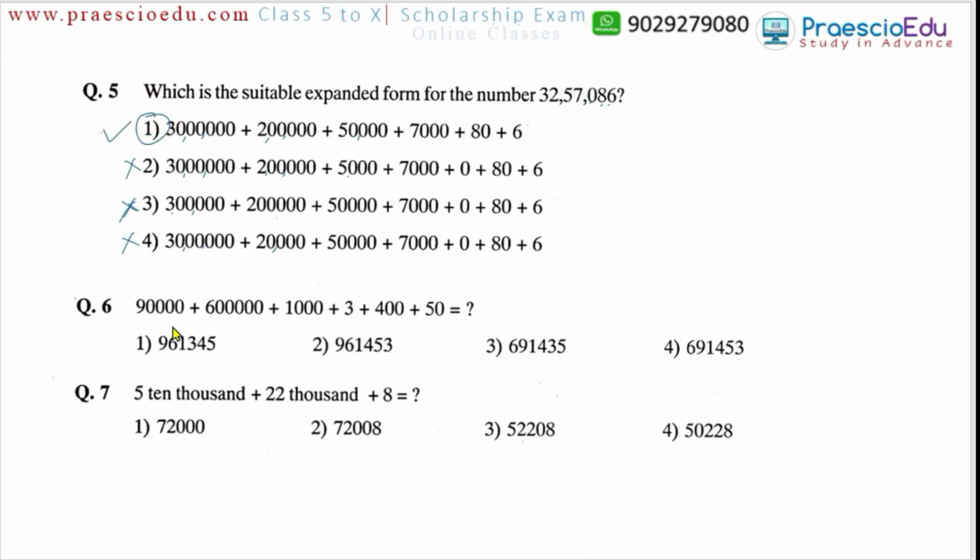Now question 6: 90,000 plus 6 lakh plus 1,000 plus 3 plus 400 plus 50.